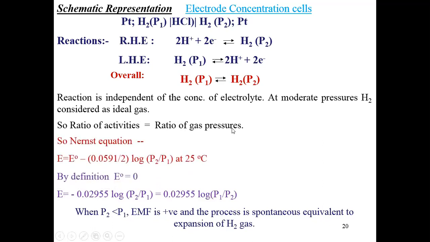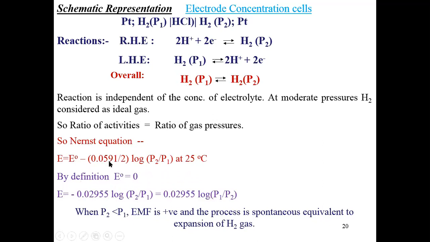If you apply the Nernst equation here, E equals E naught minus RT by nF, where n is 2 here, and RT by F is 0.0591, times log of product by reactant, so hydrogen at a pressure of P2 divided by hydrogen at a pressure of P1. That will be your equation for the EMF. By definition, we know that E naught for SHE is 0, so this will be 0.